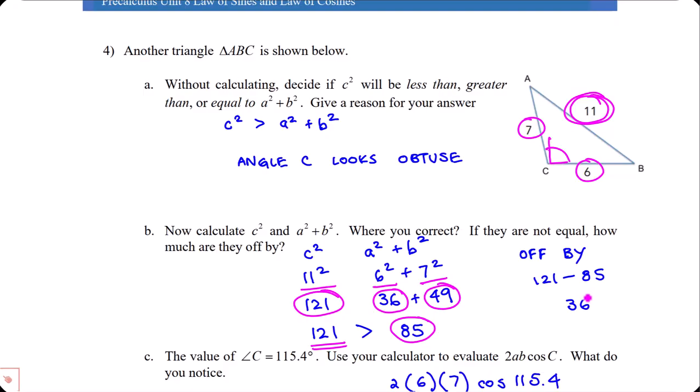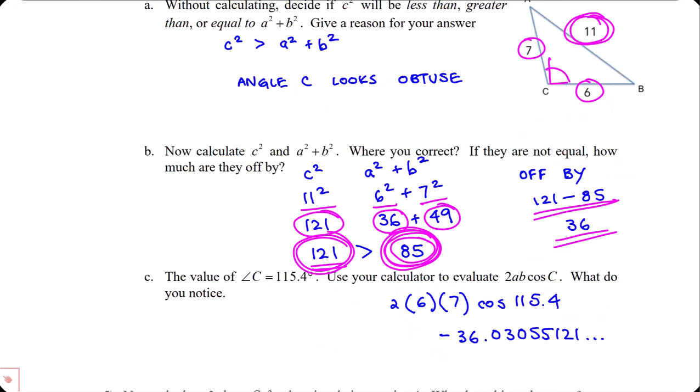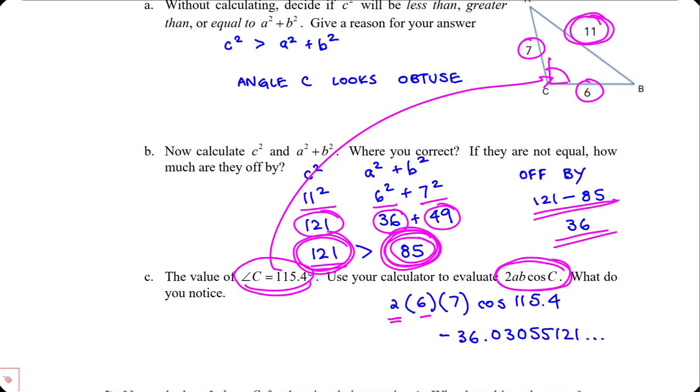And we're off by, if it was a right triangle, I'd have 85. But this is bigger by 36. So they're going to tell us that angle C is approximately 115.4 degrees. And then they're going to give us this wacky formula: 2ab cosine C. Everything's covered.